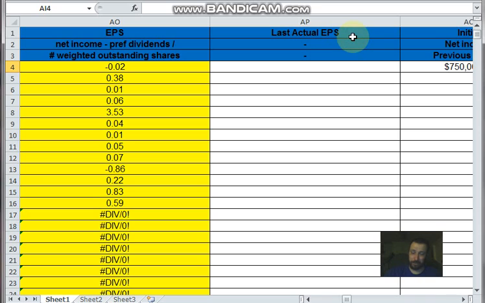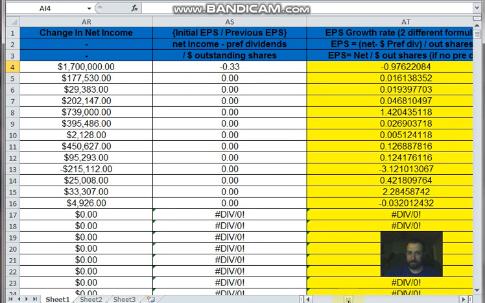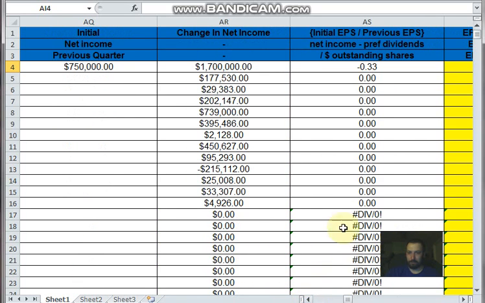The best way to do it is probably to use Yahoo or Google because they're going to give you the actual EPS. You can also get your net income from previous quarters from Yahoo and Google, and then you can get your net change in net income from quarters just from subtracting them.